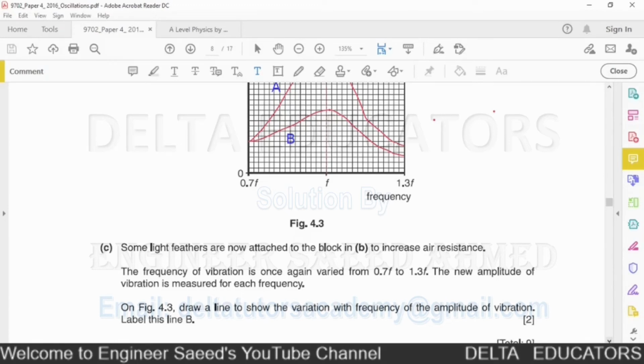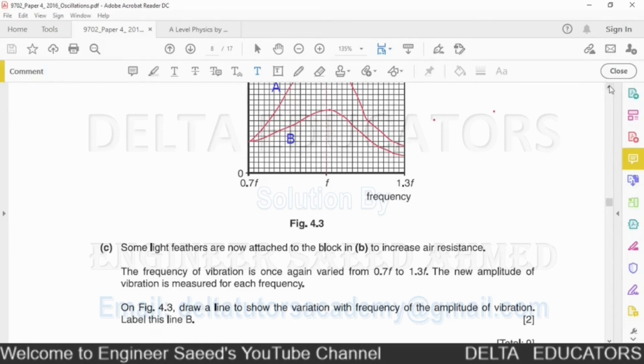On figure 4.3, draw a line to show the variation with frequency of the amplitude of vibration, labeled with line B. On the same graph, again we have to draw a line when we have increased some load. Now with the increase in load, what will happen? The damping will be increased, and with the increase in damping, the amplitude will be decreased.